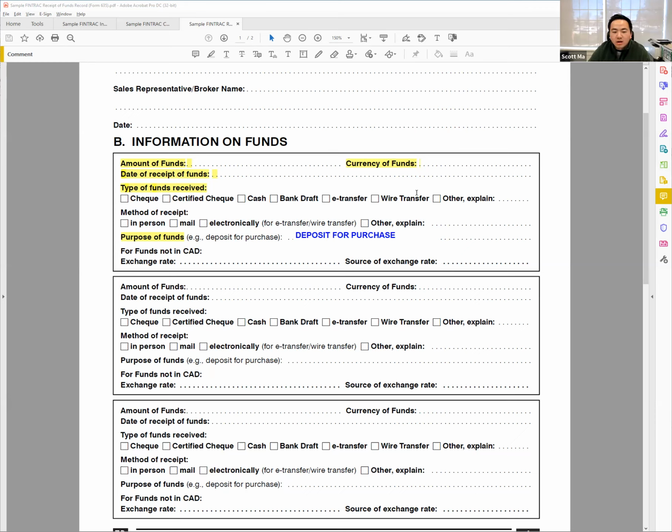Obviously, you are not receiving the funds directly yourself, but you're still considered to be in receipt of those funds for the purpose of that transaction. So you do need to fill out the form, even if there's an e-transfer or wire transfer. But again, this is not for leases, because we know leases are not covered by FINTRAC. It does not apply to leases, only for real estate purchases and sales.